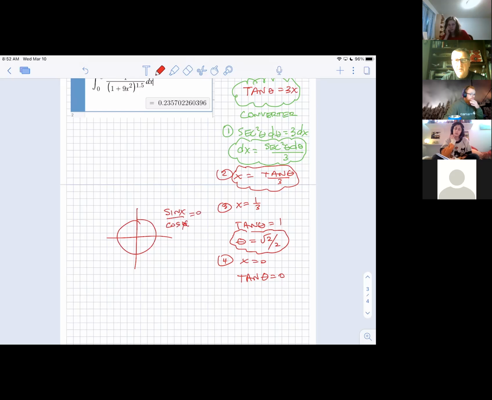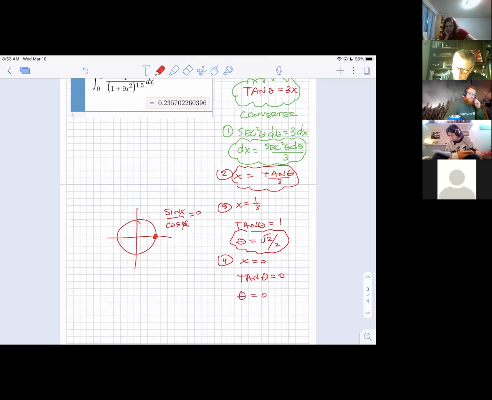When is a fraction equal to 0? When the denominator is 0? Close. When the numerator is 0. Like 0 divided by 5 is 0. So the question is, when is sine 0? And the answer is right there: 2 pi or 0. 0 is an easier answer.